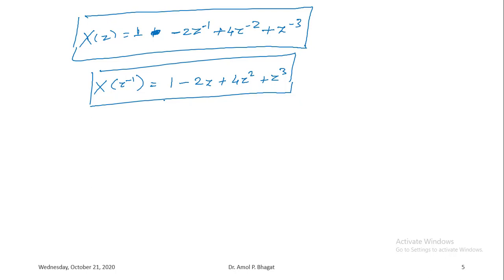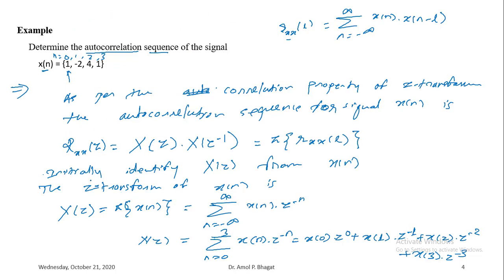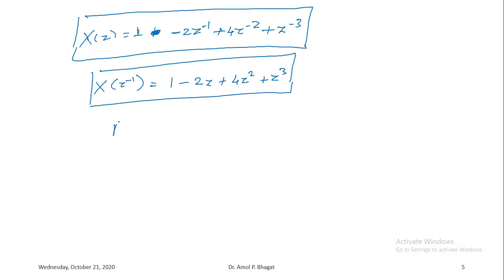Now if I want to identify rxx of z, for identifying rxx of z I have to multiply this x of z with x of z inverse.